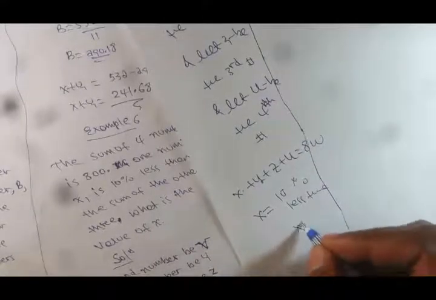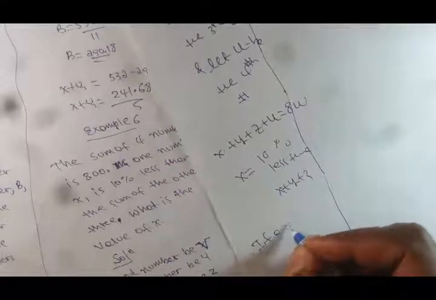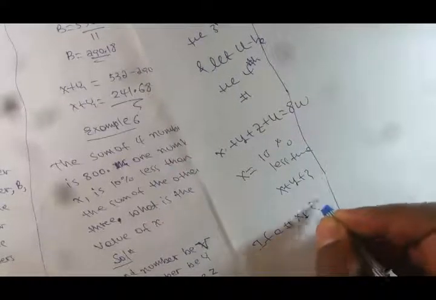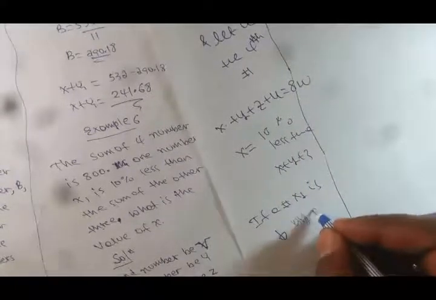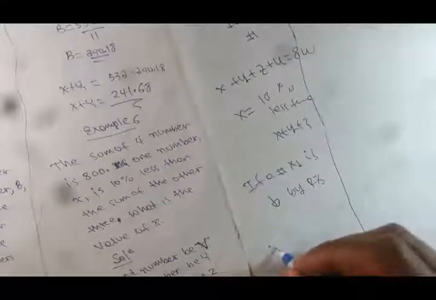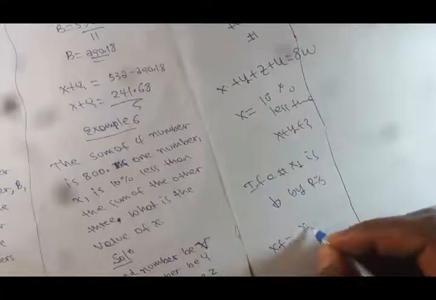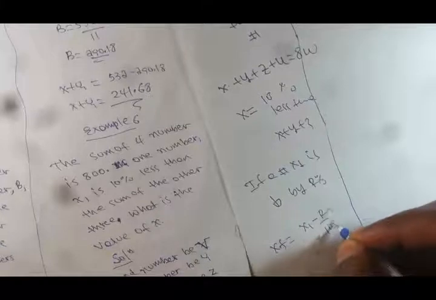The sum of the others is x plus y plus z, and we already know that if a number x1 is reduced by r%, then x final is equal to x1 minus r over 100 of x1.